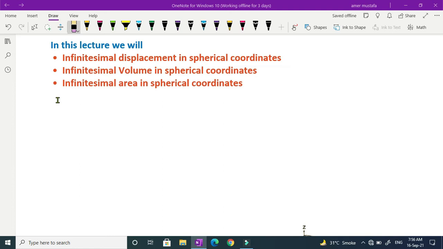First we discuss the infinitesimal displacement. What is the infinitesimal displacement? Infinitesimal displacement is actually a small displacement in space.